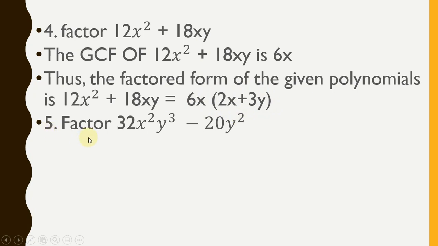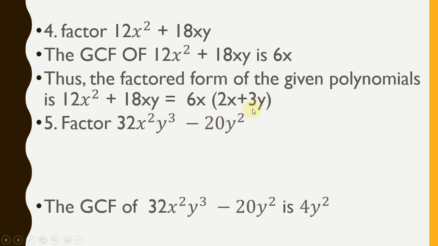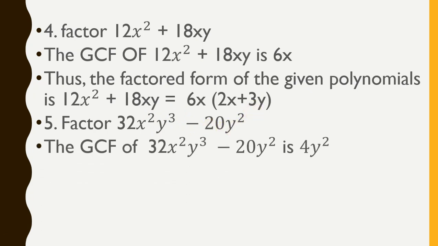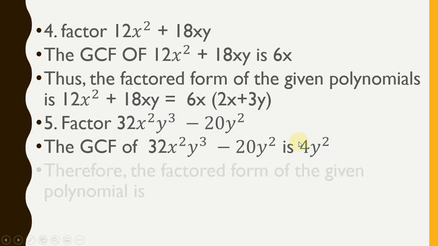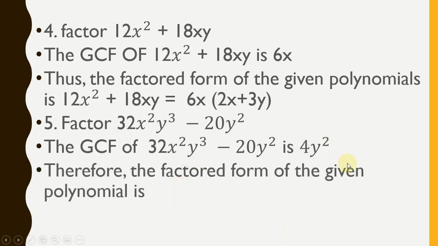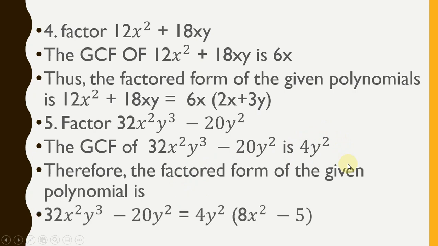Number 5. Factor 32x squared y cubed minus 20y squared. The greatest common factor is 4y squared. Therefore, the factored form of the given polynomial is 4y squared times 8x squared minus 5.